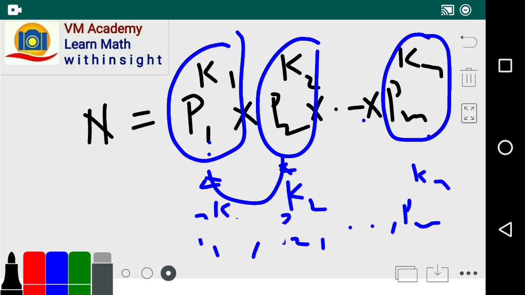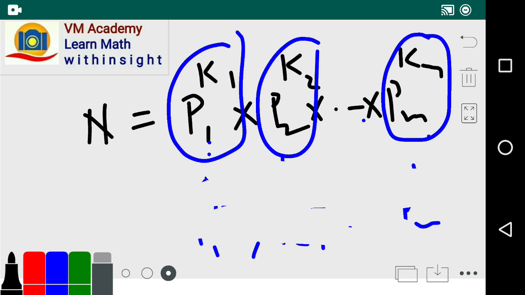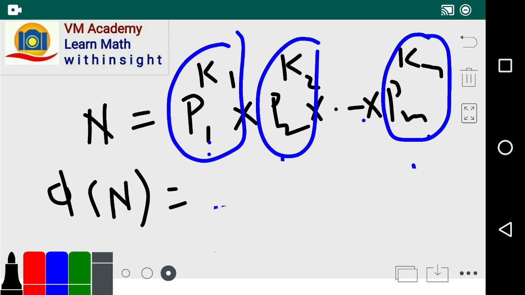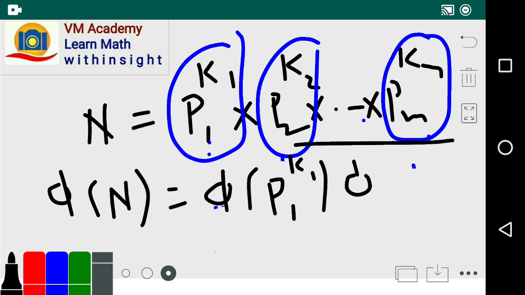so they are relatively prime, and we can write phi of n according to our property. We can write phi of n as phi of p1 raised to k1 and then phi of the remaining part.